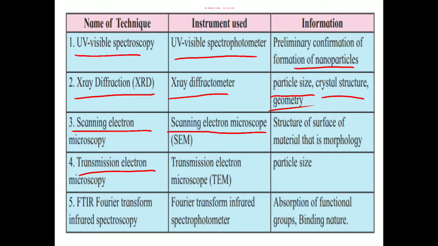The instrument used is the transmission electron microscope, and from this we get information about their particle size. Next is FTIR, that is Fourier transform infrared spectroscopy. For this we use the Fourier transform infrared spectrophotometer, and we get information about the absorption of functional groups and binding nature. Now let us study in detail.